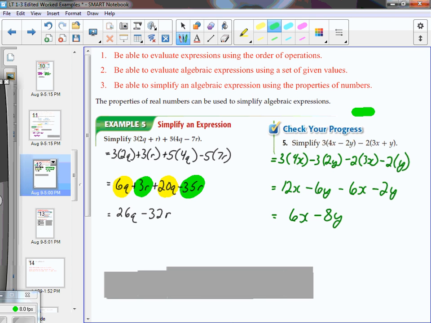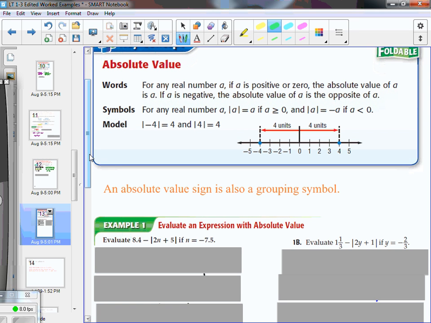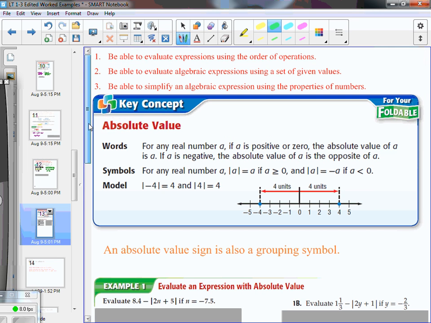Okay. Almost done. Absolute value. One thing you need to know is an absolute value sign is also a grouping symbol. So you work inside the absolute value sign just like a parentheses, if you can first. And then you know the absolute value of a number is its distance away from 0, right, on a number line.